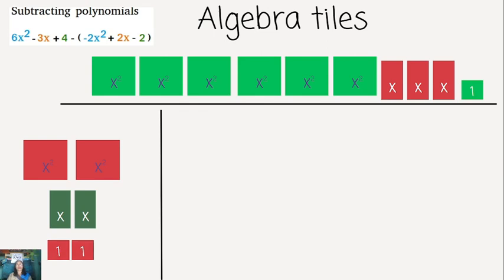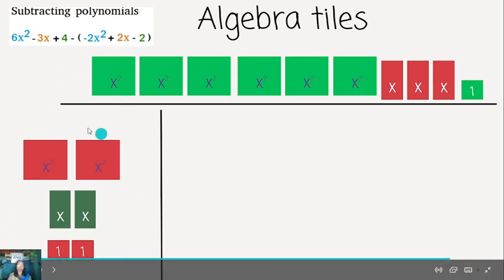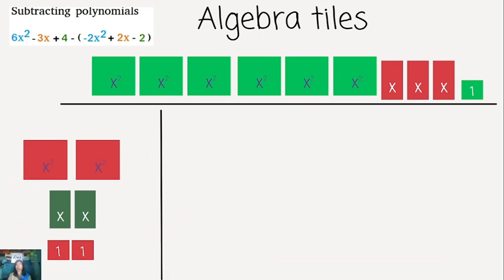So that is the vertical method. In terms of algebra tiles, it could be a little confusing, but the one you are to subtract, like here, negative 2x squared plus 2x minus 2, is in my illustration at the bottom, left side.